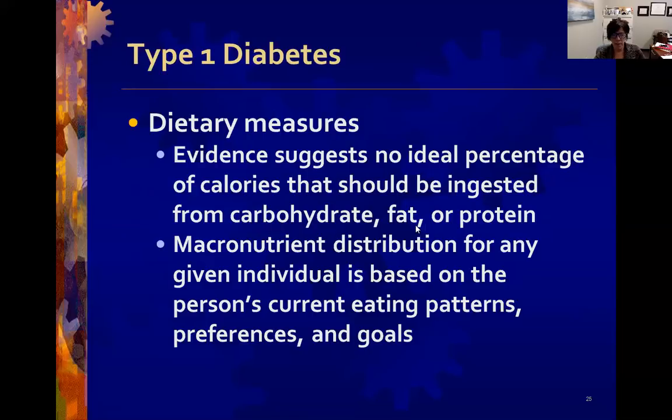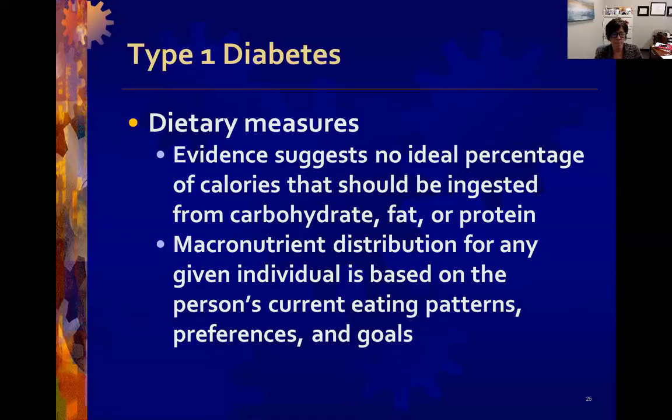And this is a pharm course, not a med-surg class. So calories that should be ingested from carbohydrates, fat, or metabolism, they look at the percentages of them. And remember, all carbohydrates turn to sugar, so they want to make sure they restrict them. Macronutrient distribution for any given individual is based on their current eating habits, preferences, and goals.